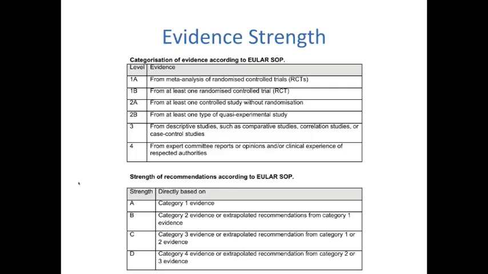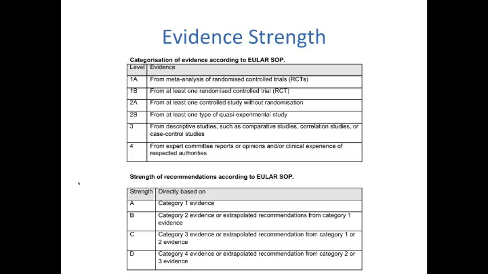We also analyzed the data and the clinical trials reported in each paper using a standard process. These are the EULAR standard operating procedures for developing and reviewing guidance. Essentially we categorized evidence from 1 to 4, 1 being the highest level of evidence, which is basically derived from meta-analysis of a number of randomized controlled trials.